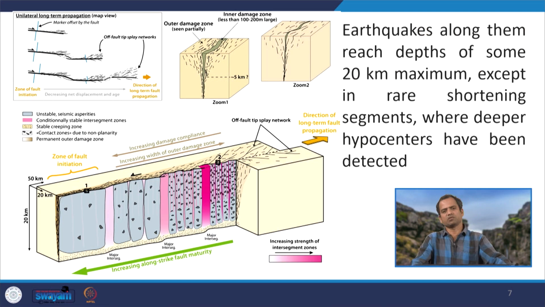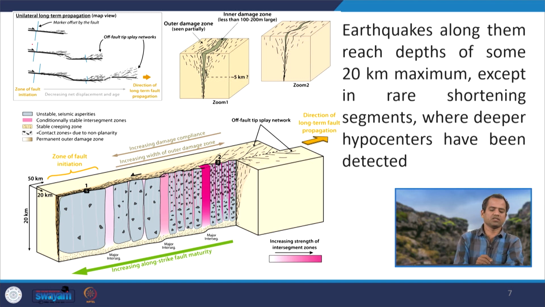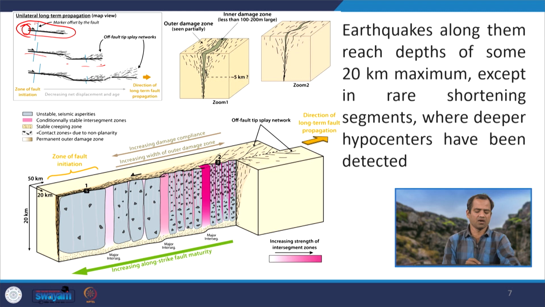And if you see these figures of different types of continental transform faults, here we have a marked offset by the transform fault. That means this transform fault is generating from this point, and with time the length of the transform fault is increasing. You can see remarkable changes from phase 1 to phase 3.